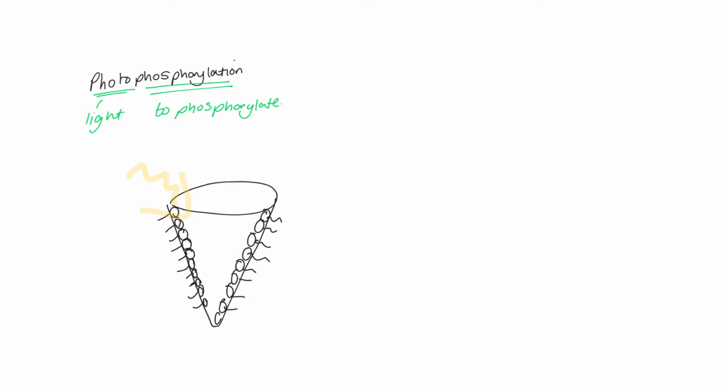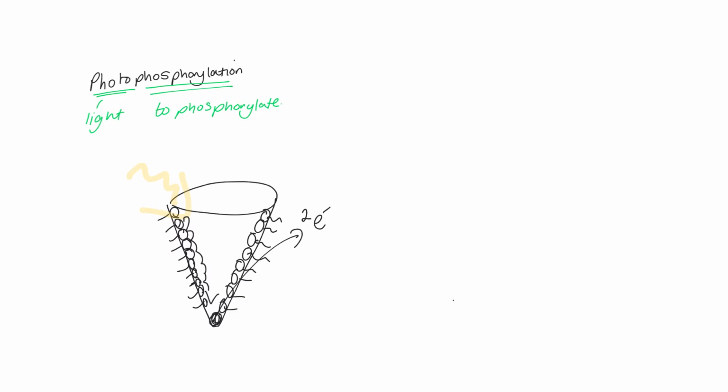So these pairs of electrons will leave the outer electron shell of this magnesium ion, and they will be donated to the next chlorophyll molecule, and they'll just get passed down, down, down, all the way down to the center, to the bottom here, where you have a chlorophyll molecule. And this chlorophyll molecule will lose its pair of electrons, and this pair of electrons will get donated to the electron carrier, which is in the thylakoid membrane.